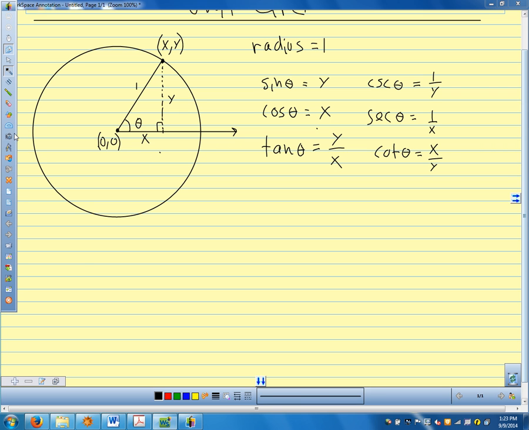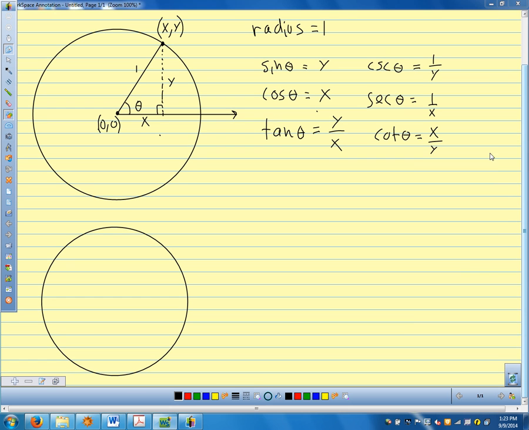To get rid of that restriction, the idea is we're going to take our unit circle, the same unit circle that we had before. The center here is at 0, 0, and out here where the circle intersects the x-axis, I'm going to attach a number line.